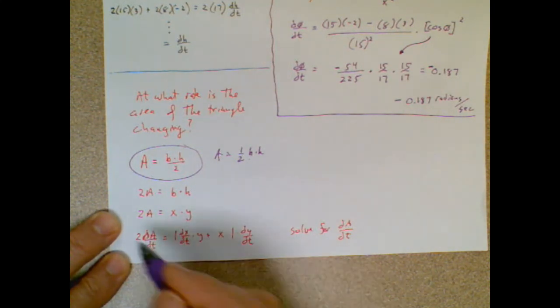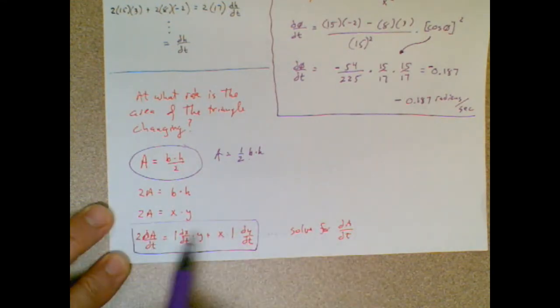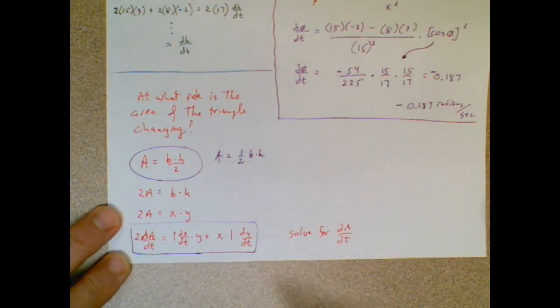And now if you follow this piece, the derivative of the left, product rule, derivative of the right, and once I take all this mess and start plugging in values from the triangle, I'll be able to solve for dA/dt and I'll get my final answer.